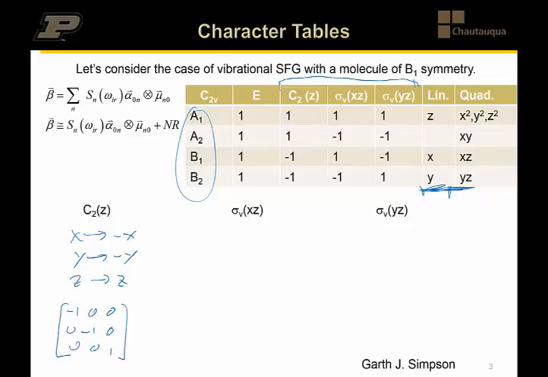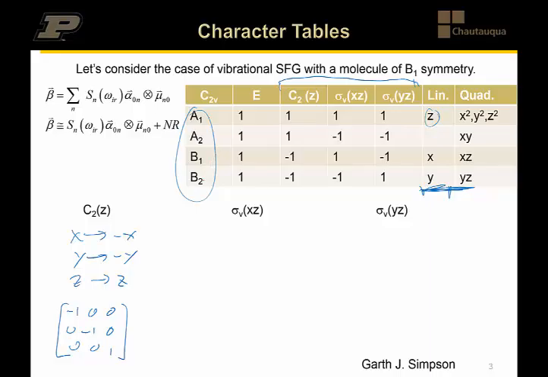So that tells us that for the C2 operation, you're either going to have a value of 1 or negative 1 upon operation of this symmetry. So if we look at the transition moment as x, y, and z, you can see that if you leave something unchanged, if it has an eigenvalue of 1, then the performance of this symmetry operation will recover a value of 1. And only mu z has that appropriate symmetry, which is why it shows up in A1 symmetry.